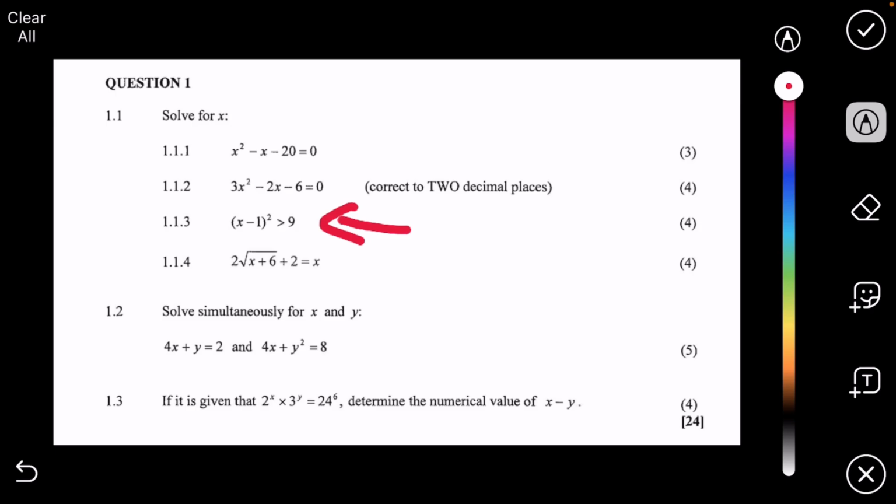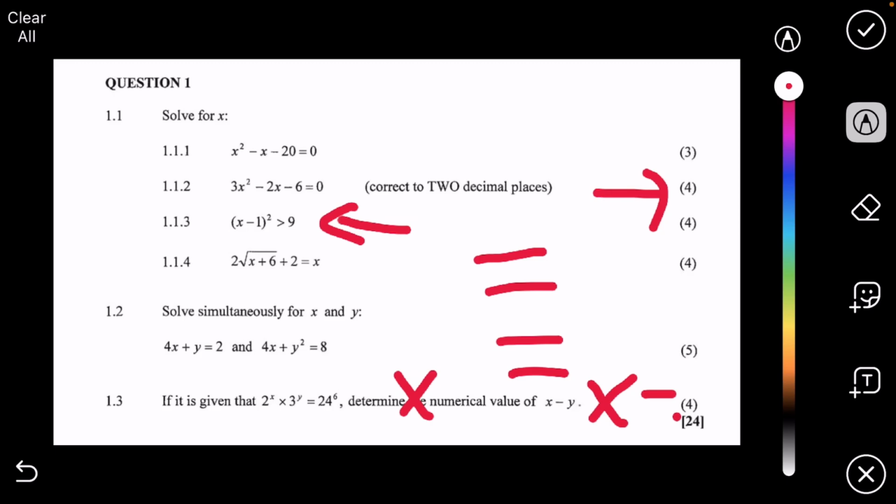So remember, guys, obviously if this question is allocated 4 marks, you're most likely to perform multiple steps until you get to your 2 x values, ladies and gentlemen. Most importantly, correct to 2 decimal places. So you're most likely to get either 1 mark or 2 marks for both answers.